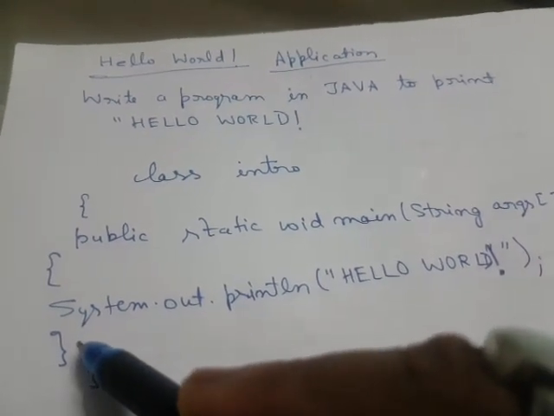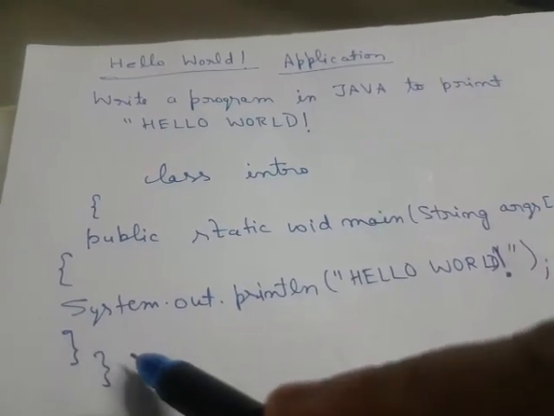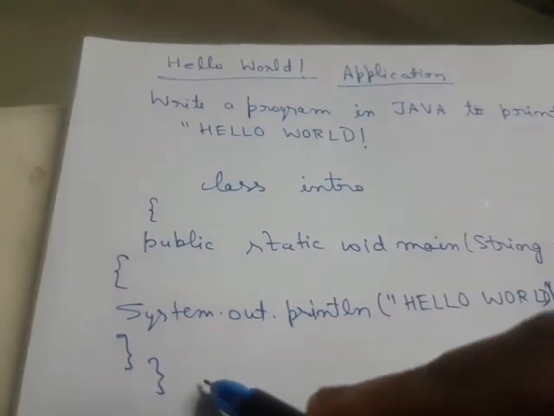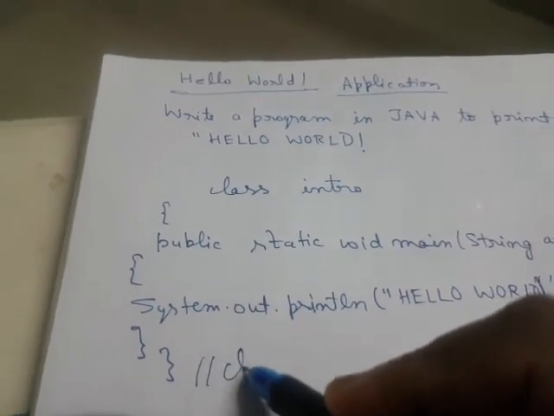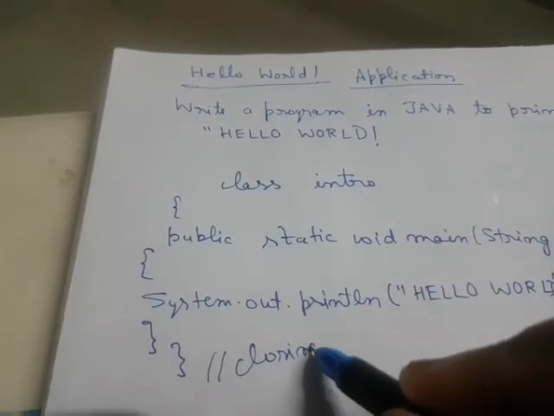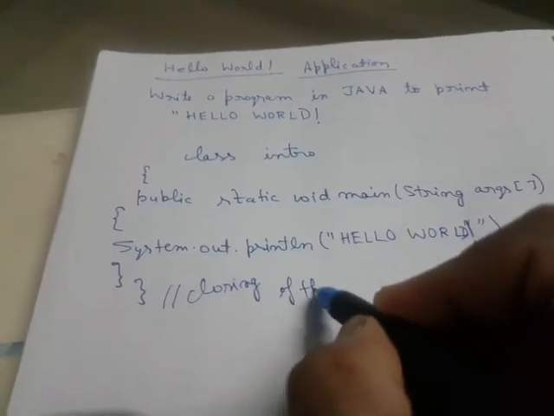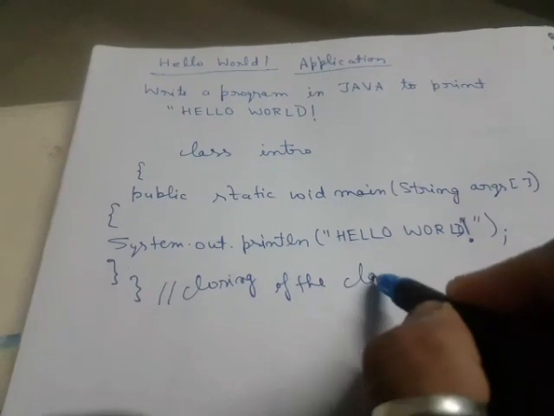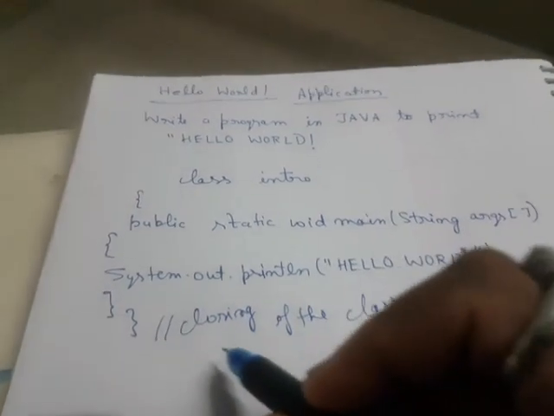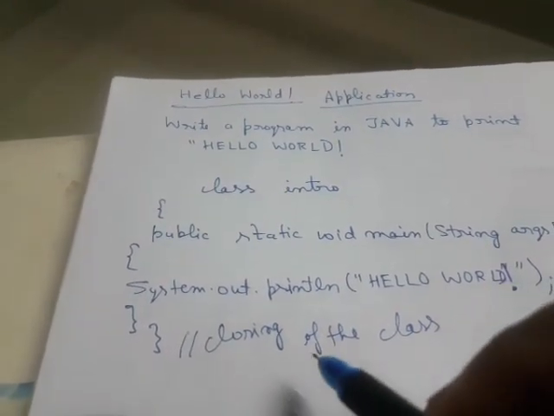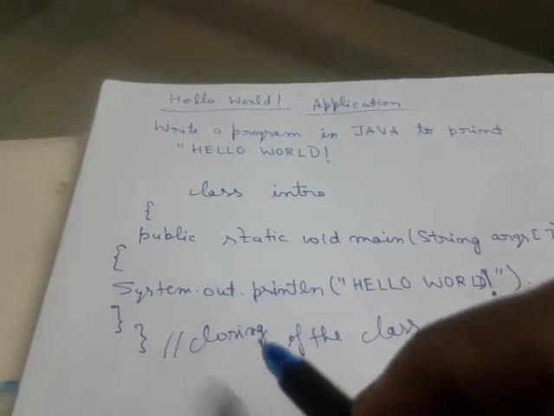Now this is the closing of the main function and then the closing of the class. So here I write the closing of the class.